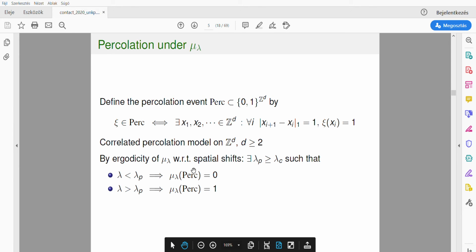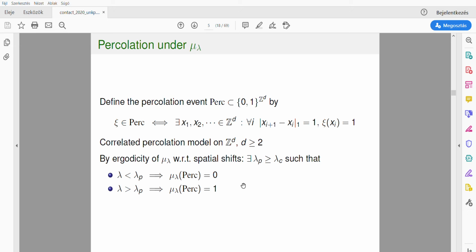So the percolation event has probability 0, but if lambda is strictly bigger than lambda p, then percolation occurs. So the set of infected sites percolates. There is going to be an infinite, nearest neighbor connected component of infected sites with probability 1.